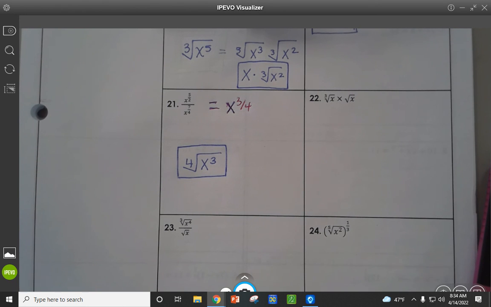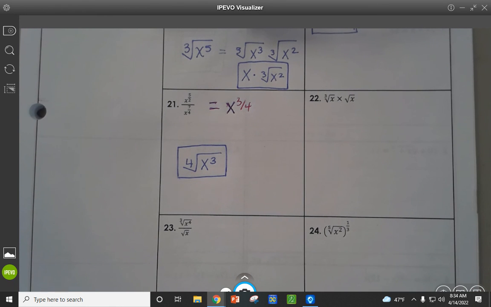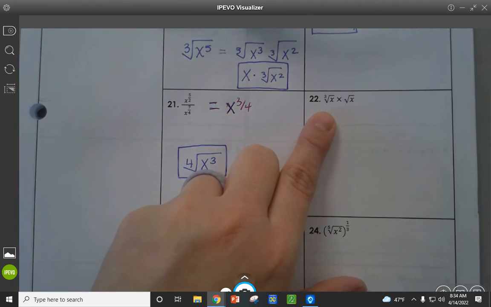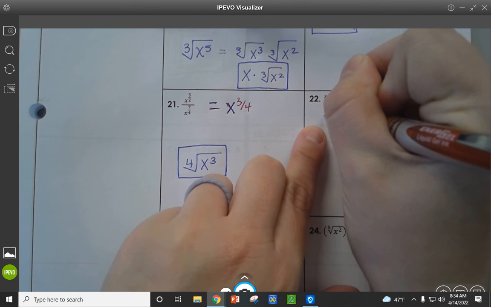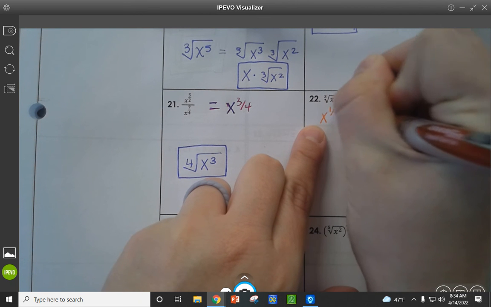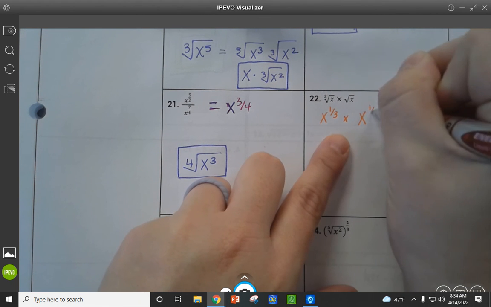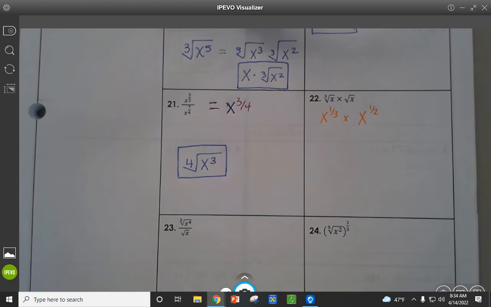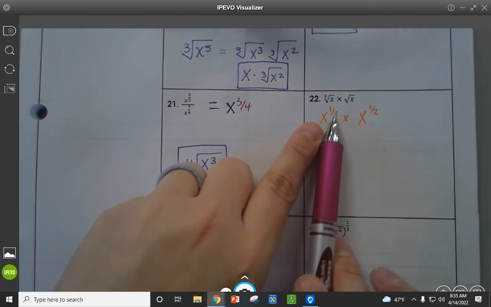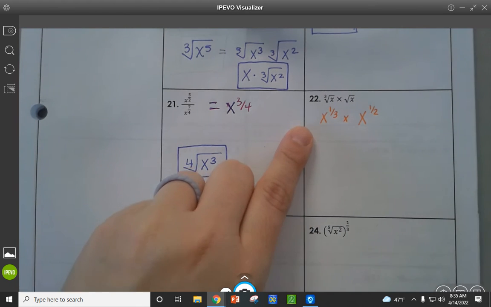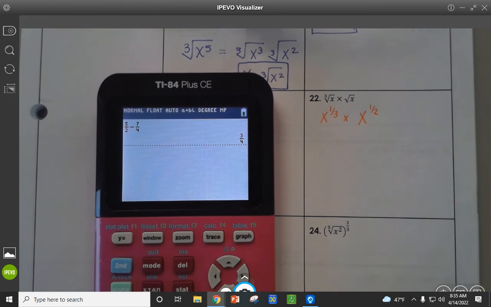And number 22, I do not have my problem listed or written in exponential form. So we have to do that before we can do anything else. So this would be x to the what power? 1/3 times x to the 1/2. Good. And when I'm multiplying variables, what do I do with the exponents?